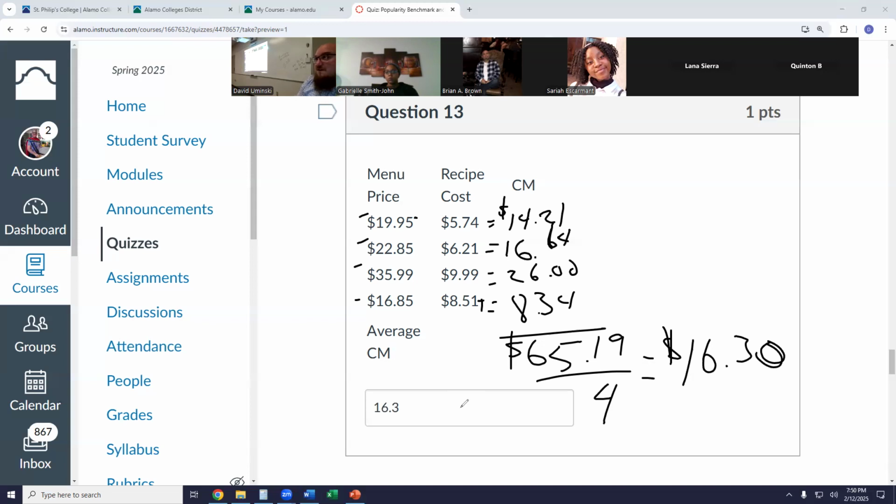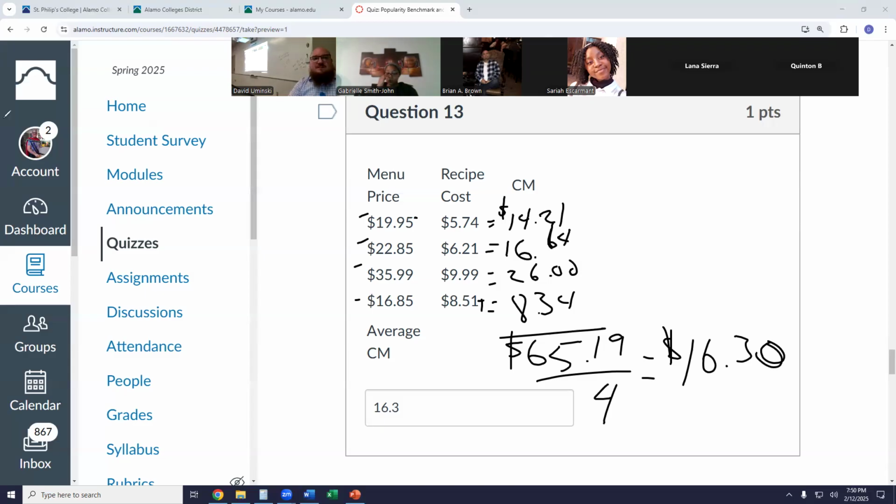If it's money, we round to the nearest penny. If it's a percentage, we round to one decimal place. Okay. So Canvas is not going to recognize the 0, so don't stress out. It's still 16.30.